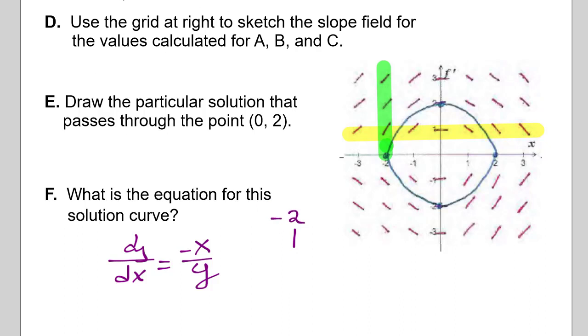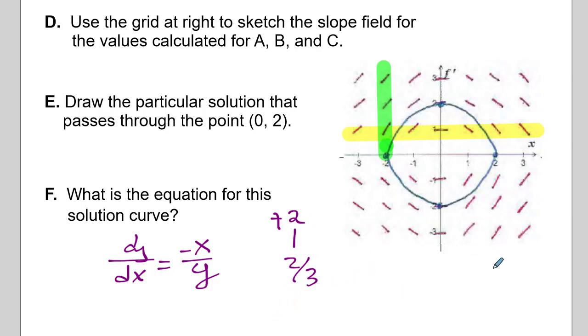And if we go negative 2 to positive 2, then that's going to give us a positive 1. And if x is negative 2 and y is 3, then we're going to get 2/3, right? So we can see that dy dx for this fixed value of x is going to be decreasing as we move up from the x-axis.